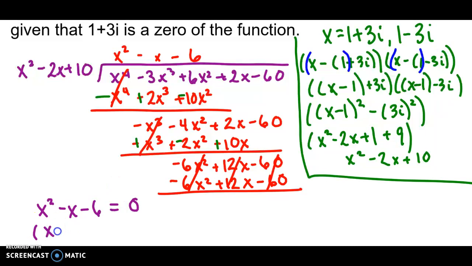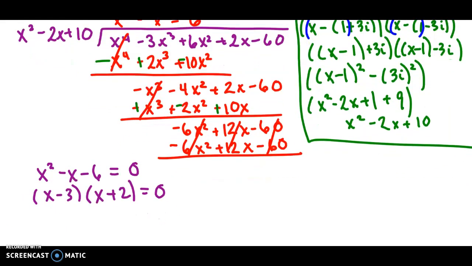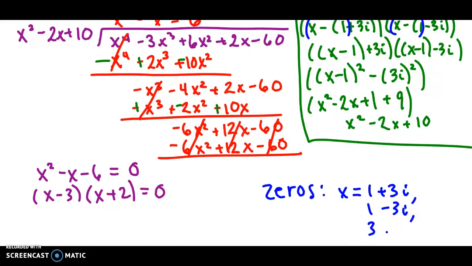So I can see what my 4 zeros are: x equals 1 plus 3i, 1 minus 3i, 3, and negative 2.